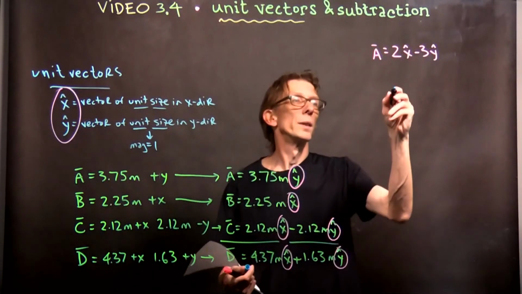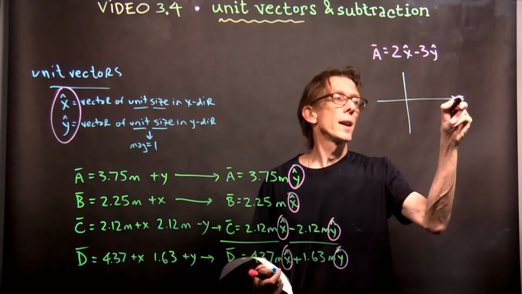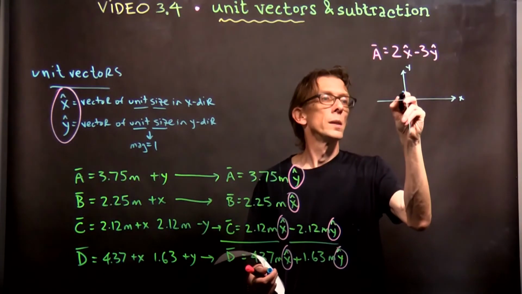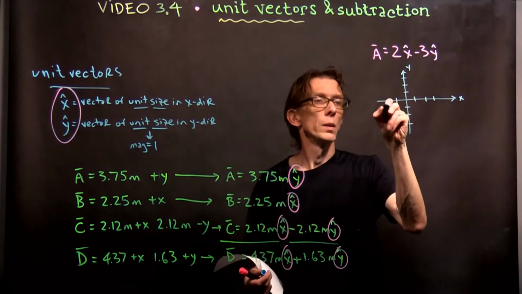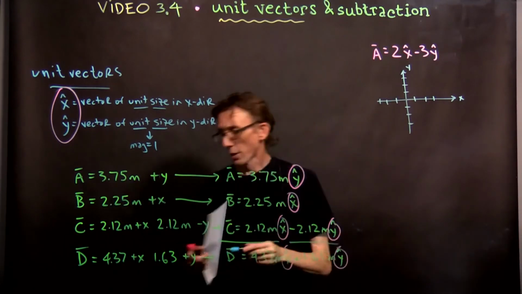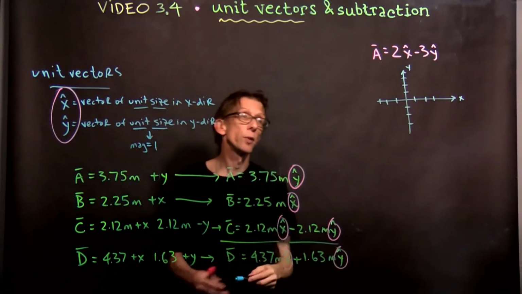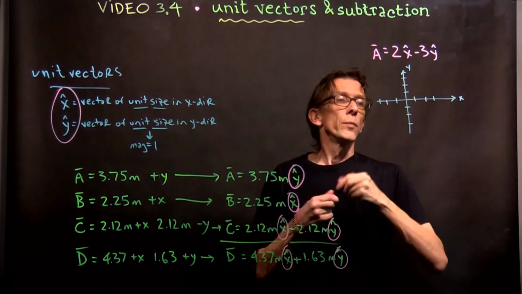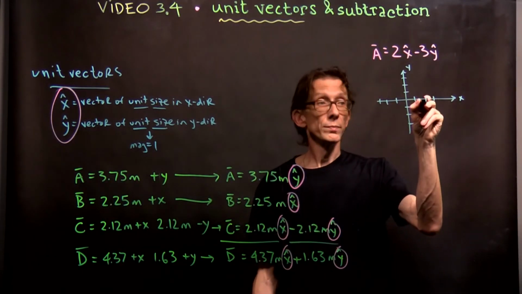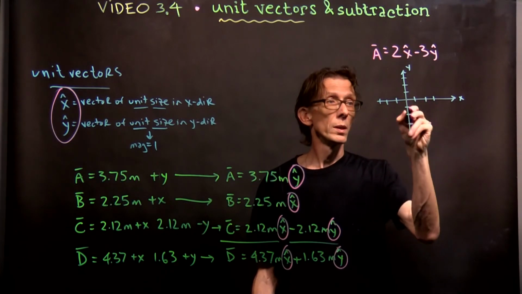So here's our axis, x, y. So that vector, 2x minus 3y, says that we go 2 steps in the x direction, 3 steps in the y direction.